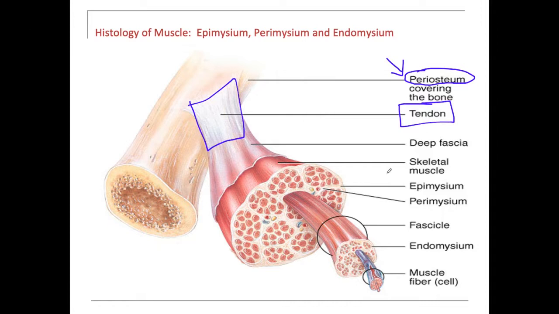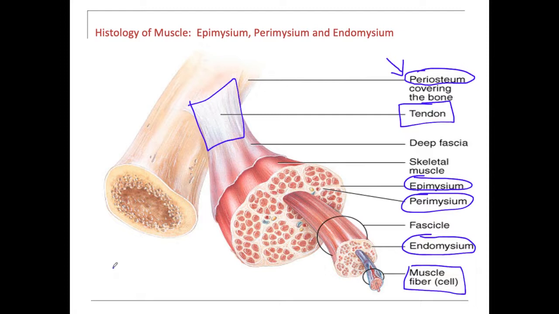Now, there are other parts of muscle that we need to become familiar with. One of them, we're going to look at the muscle fiber or the muscle cell. We need to be familiar with the endomysium, the perimysium, and the epimysium. Okay? And the way these work, let's see if I could draw it out.